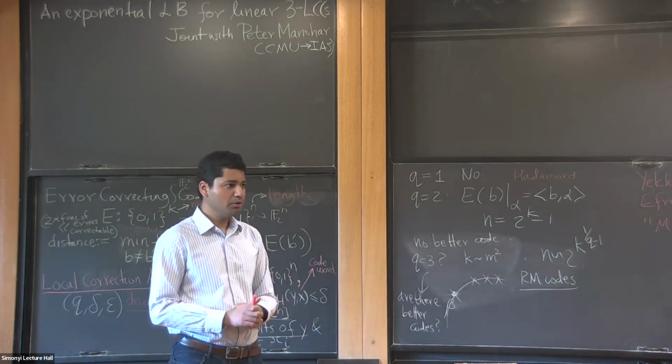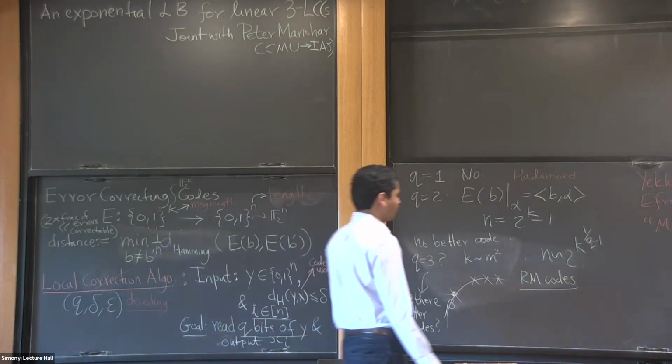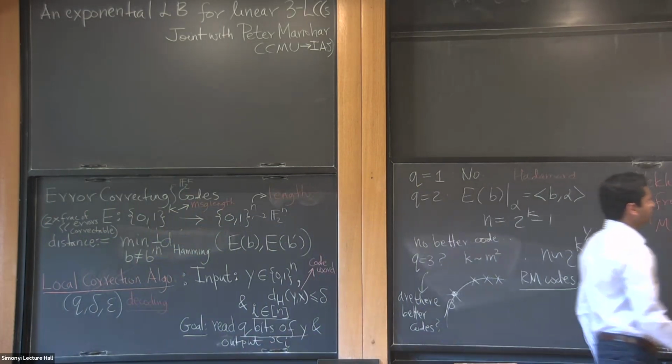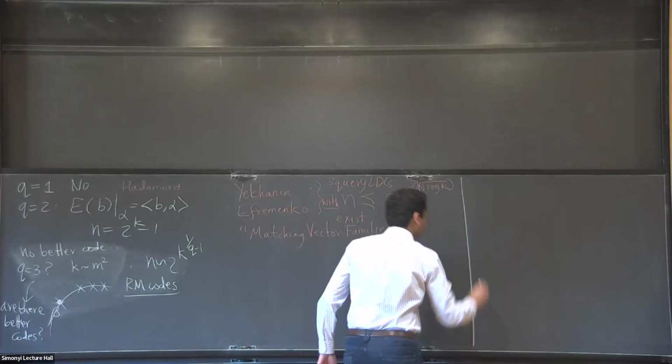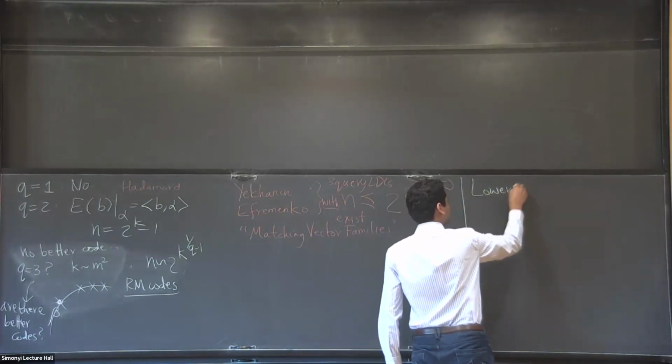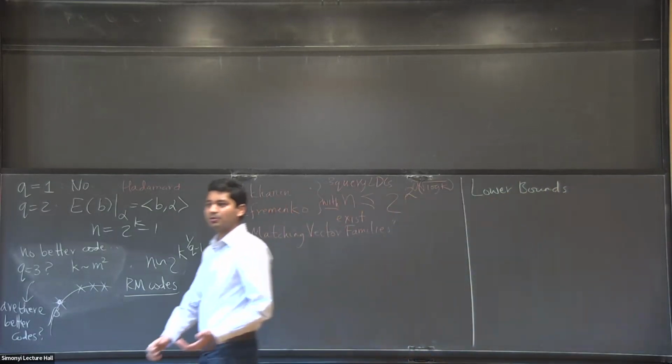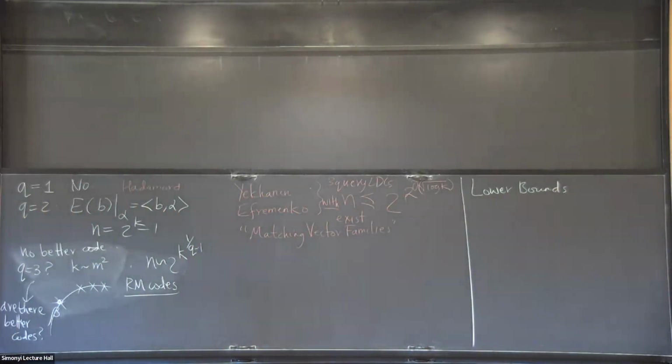We didn't quite know how to prove it. So in order to tell you this part of the story, I'm going to tell you a little bit about lower bounds. Because how do you prove that there are no codes with smaller length? You have to invent methods to prove lower bounds.